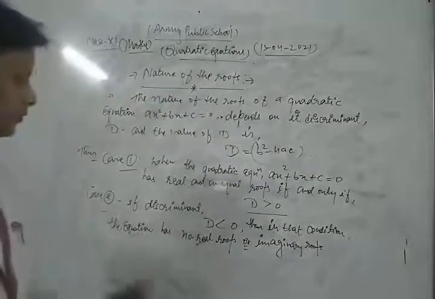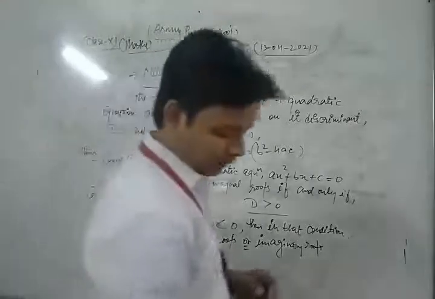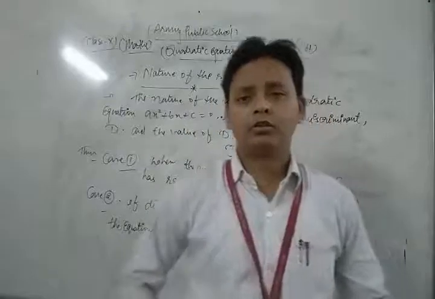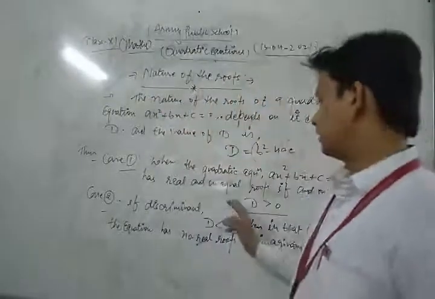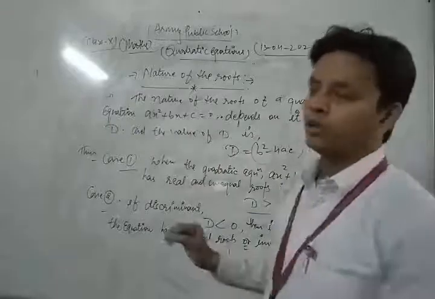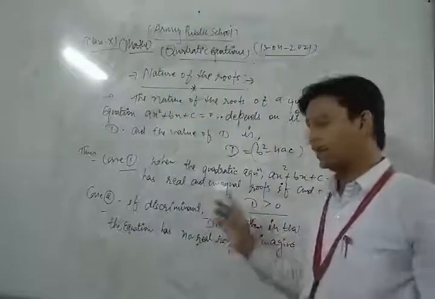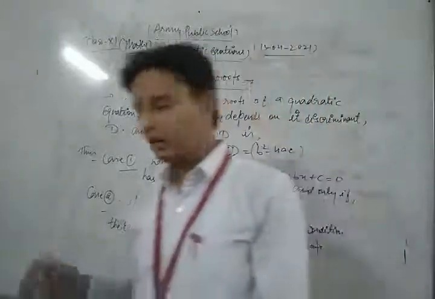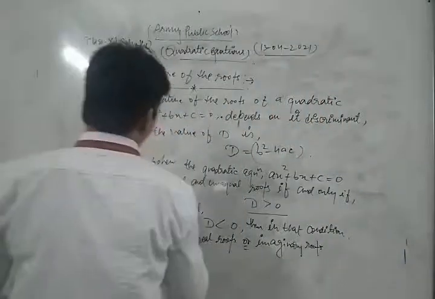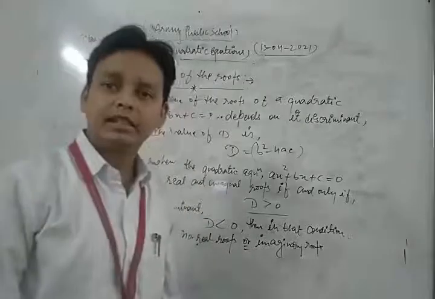So these are the two very important conditions. When the value of its discriminant is greater than zero, then in that condition the given quadratic equation has real and unequal roots, or we can say real and distinct roots.